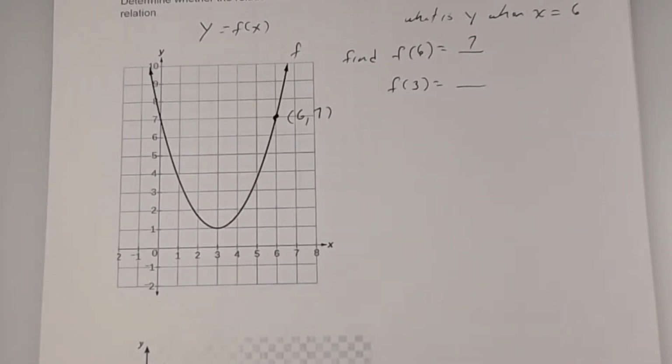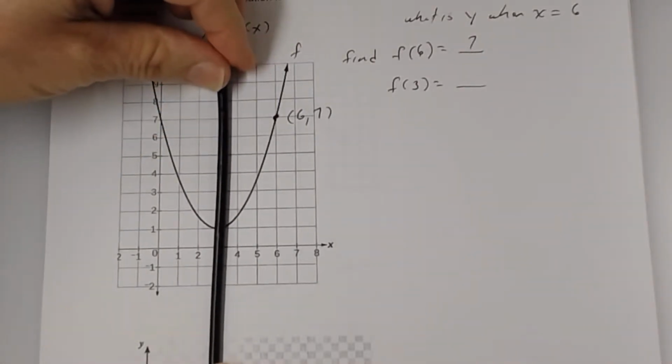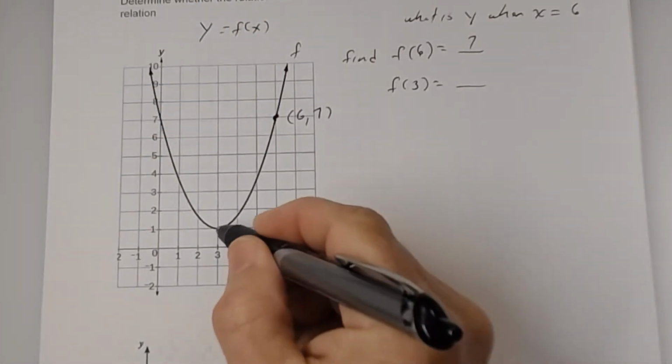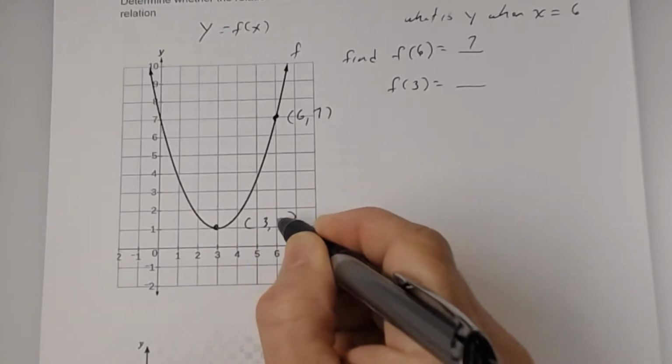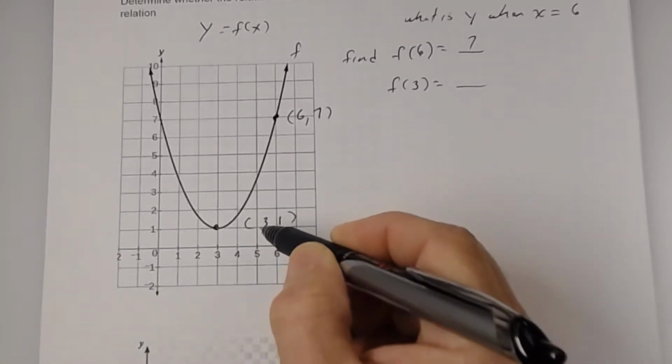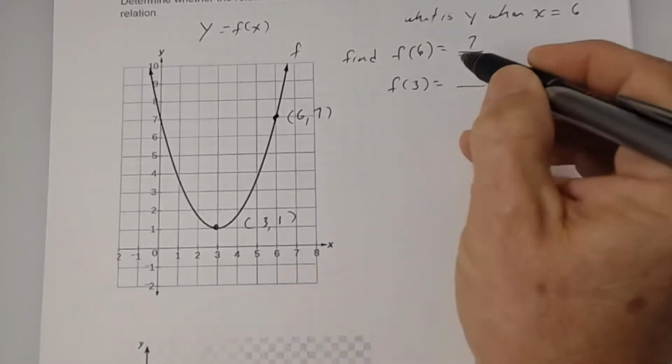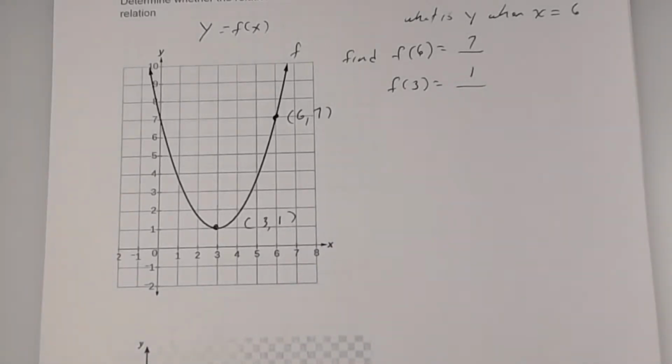I'm just wondering where a 9 came from, because when I look at the graph, x is 3 right here, and I look at the point right here. What are the coordinates? 3, comma 1. So when x is 3, what's the y value? 1. So what's f of 3? 1. That's all you do.